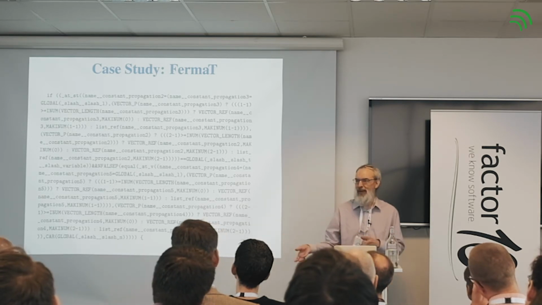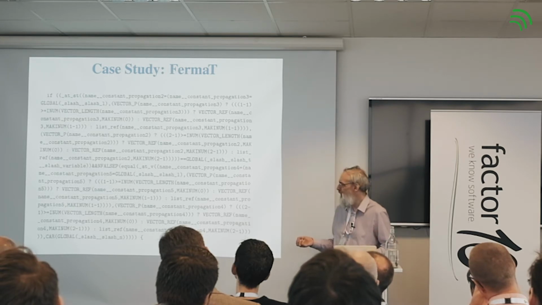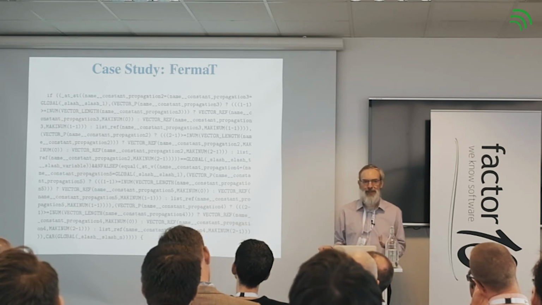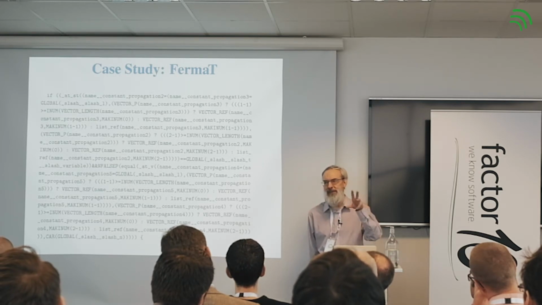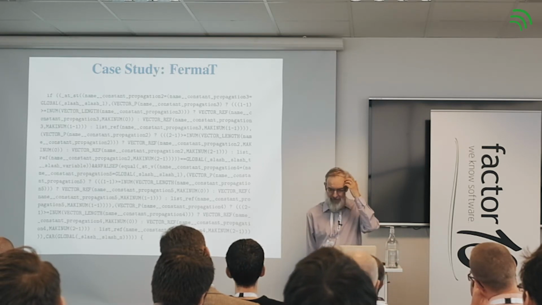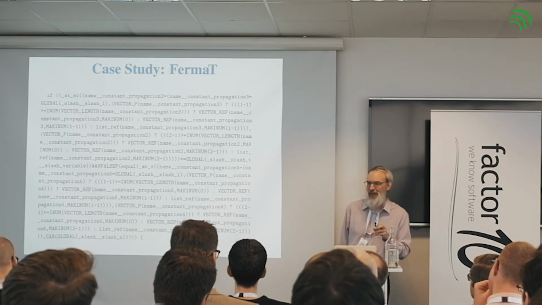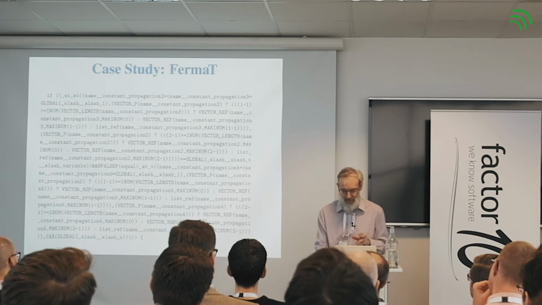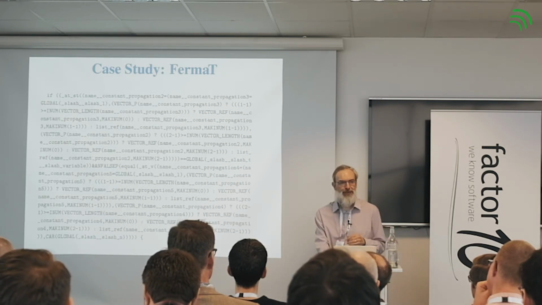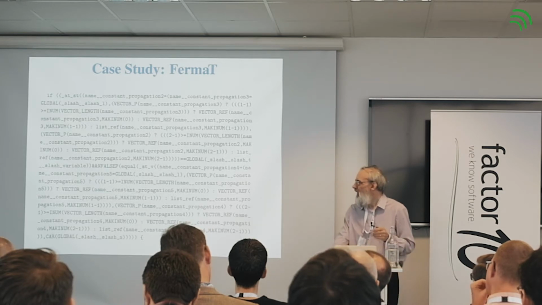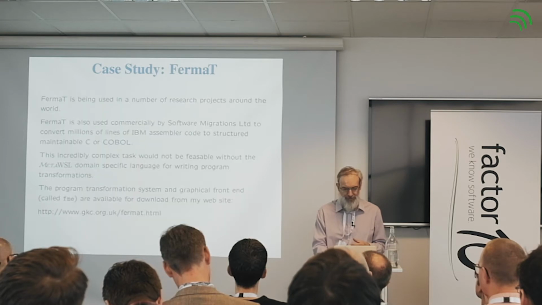So there's an order of magnitude difference in the amount of code that you've got, but there's also an order of magnitude or more difference in the complexity from this nice simple stuff that you write in MetaWSL that's really simple and easy to understand. And if you're interested, you can go and download the papers on the transformation system and look at some MetaWSL code, which then compiles into this massively complicated C code.